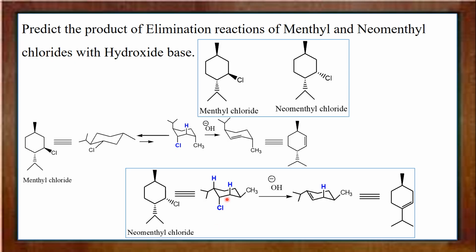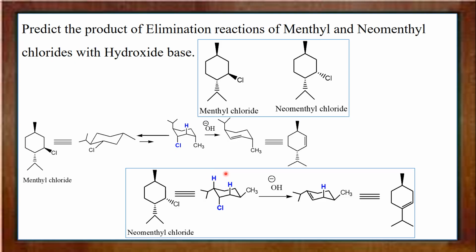Therefore, elimination can take place with this hydrogen to make a double bond here, which will be a disubstituted alkene, or elimination can take place with this hydrogen to make a double bond here, and that will be a trisubstituted alkene. Therefore, the elimination takes place by abstracting this hydrogen.